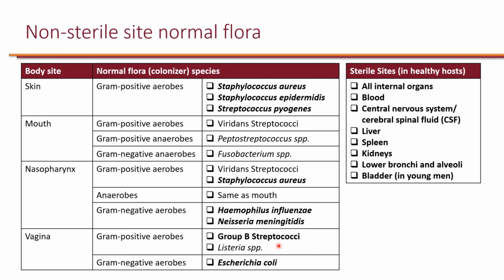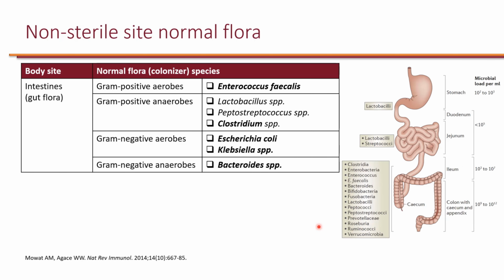Of course, when people talk about flora, they typically talk about the GI tract, the gastrointestinal tract, commonly referred to as gut flora, and there are a lot. You can see on the right-hand side that because of the harsh acidic environment of the stomach, not many bacteria can live in the stomach, and that's in general a defensive mechanism. As you go down the GI tract, it's still acidic throughout, but the acidity decreases through the small intestine and then the large intestine.